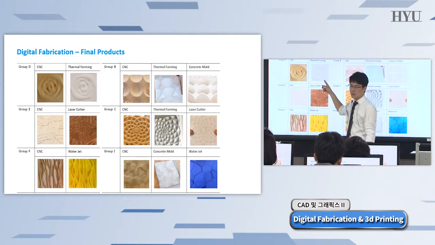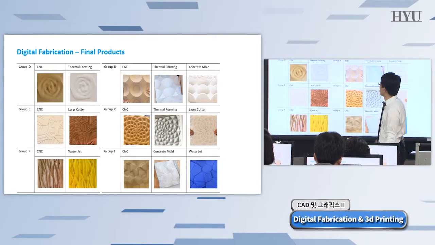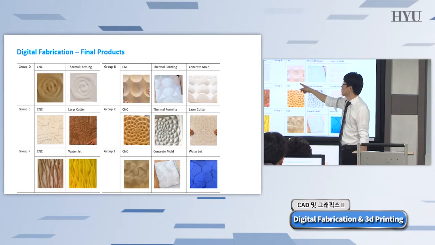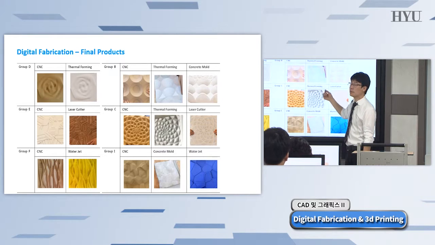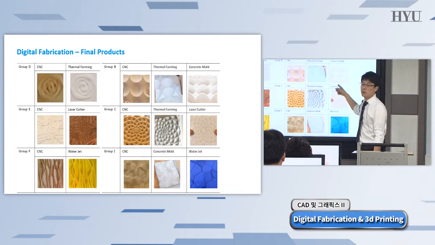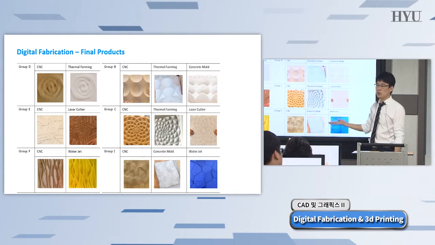This is plastic, okay? Plastic generated, and CNC machine thermal forming to create thin plastic material, and this is a concrete mold. Actually, we made an actual concrete mold structure, and we brought it, okay? It's in my lab.